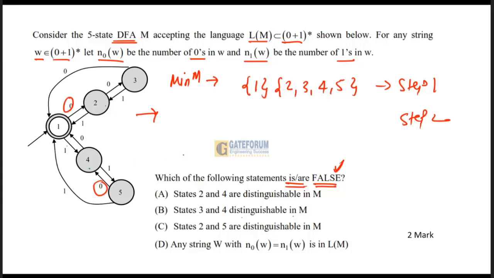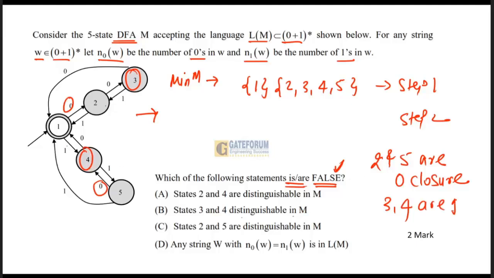That is, 2 and 5 are 0 closure, and 3 and 4 are 1 closure. So in step 2, the states will be separated like this: 2, 5 and 3, 4.